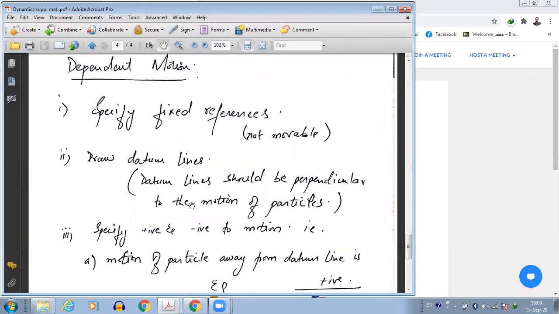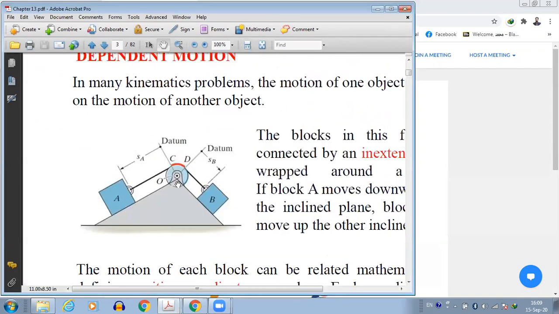Next point. Draw the datum lines. Datum lines should be perpendicular to the motion of particles. Now you see here, we have particle A and particle B, and their motions are interdependent. Let's say we selected the pulley as a fixed reference.